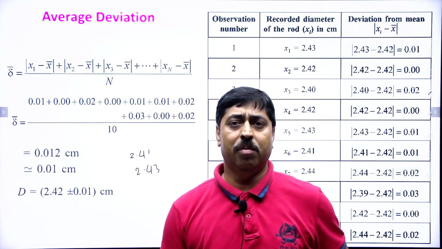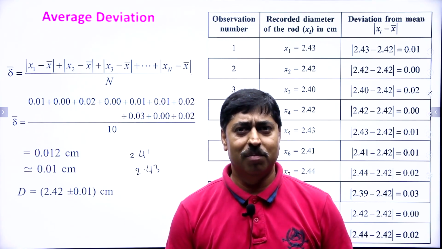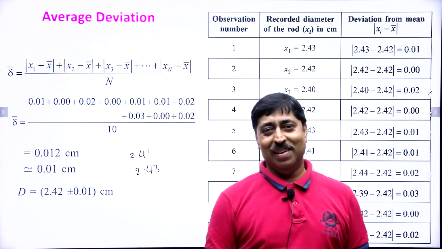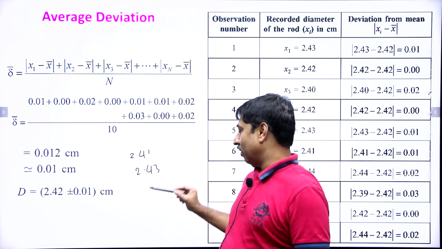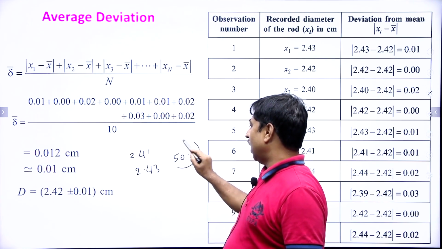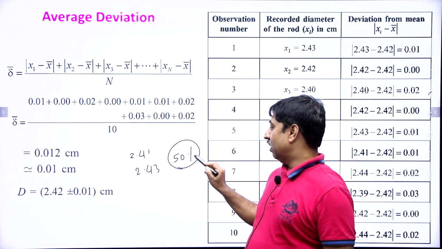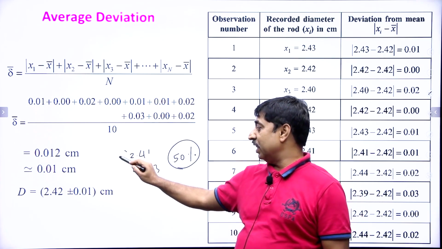Again, I will get shaky. No, I will say no, I am not 100% confident. Then what is your confidence level? The answer is only 50%. I will say, I am 50% confident that the diameter of this rod lies in this range.